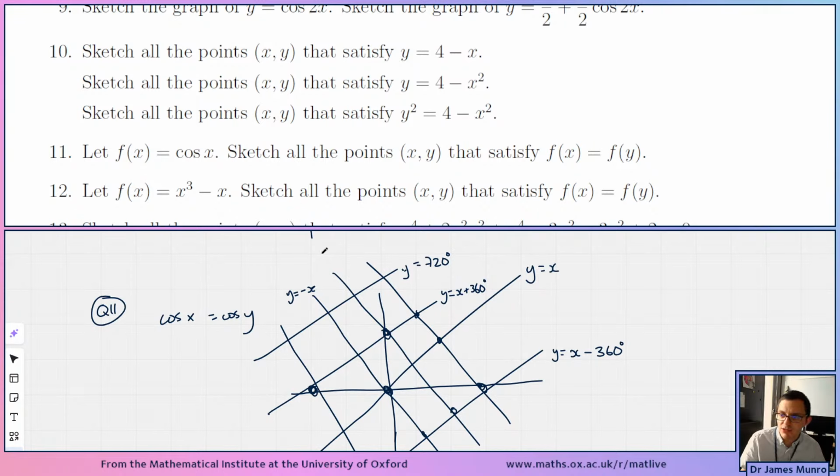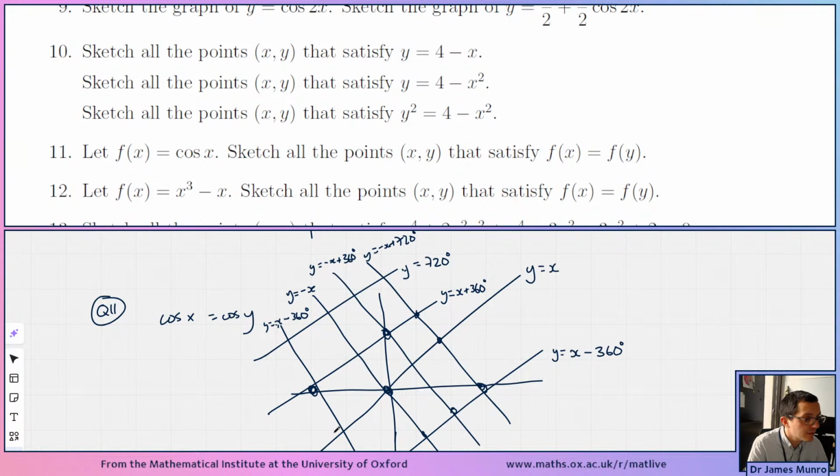Minus x plus 360 degrees, y equals minus x plus 720 degrees, y equals minus x minus 360 degrees. I just want you to check that you believe that any point on those lines, the thing linking y and x, could be one of those formats. That gives you a whole grid.